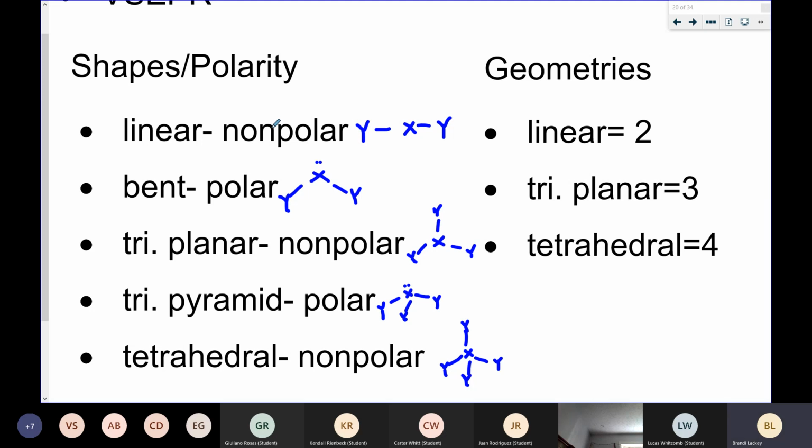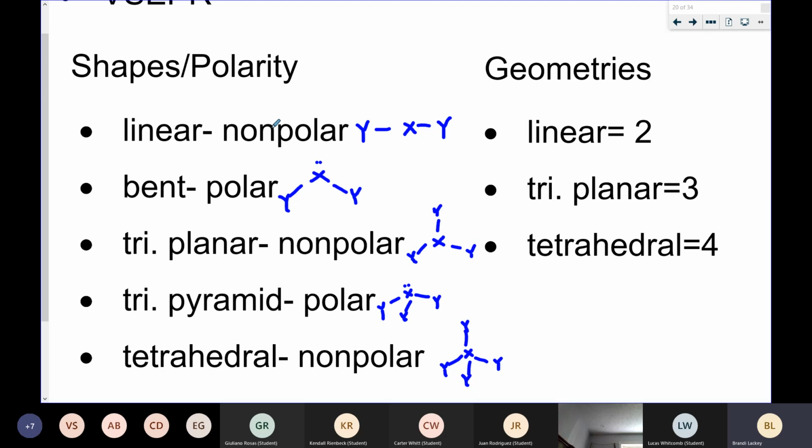Like if one of the outer atoms is a hydrogen and the other one's nitrogen, they're not equal strength. So even if that's something that's linear, it would still be polar. But the general rule is if there are not dots on the center atom, it's nonpolar. If there are dots on the center atom, it's going to be polar because those forces can't cancel out.